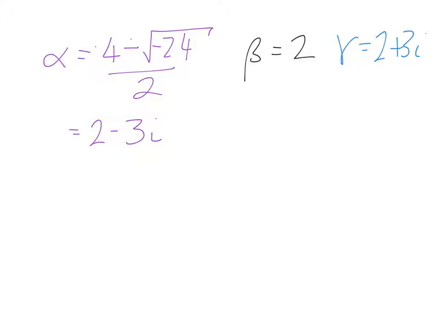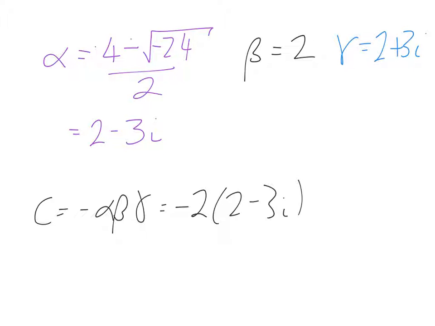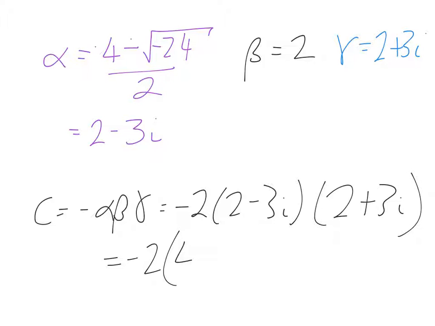So c is equal to minus alpha beta gamma, which is minus 2 times (2 minus 3i) times (2 plus 3i), which is minus 2 times 4 minus 6i plus 6i plus 9, which is minus 26.